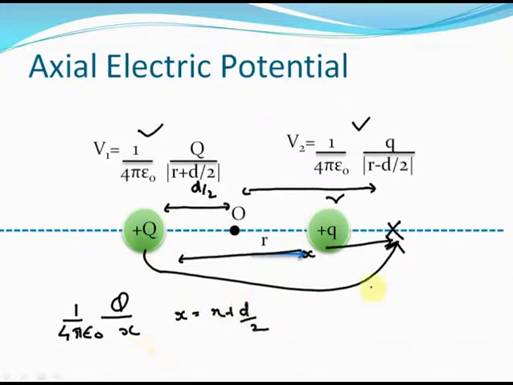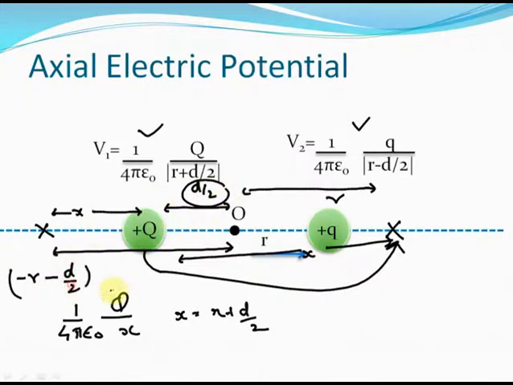If you consider a point that is to the left of this plus q charge, again the net potential at this particular point due to the charge plus capital Q will be 1 by 4 pi epsilon naught into capital Q by x, where this distance is x. Now if this distance is x, what is x equal to? It is clearly equal to this distance, which is minus r, minus this distance, which is d by 2, isn't it?